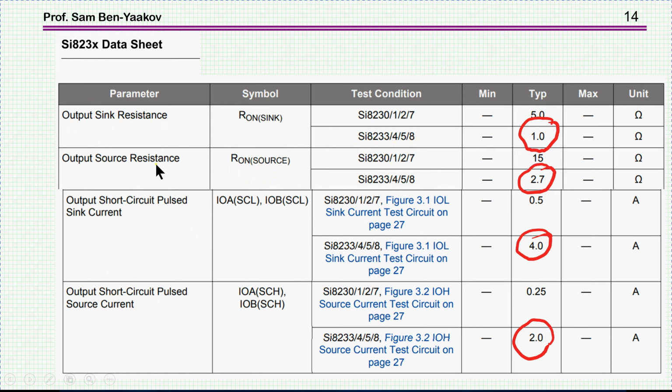The output source resistance is 2.7. Again, taking into account that we need a higher current at turn off and lower current at turn on. And then the specified maximum current or typical current during turn off is 4 amp, and the output current is 2 amp for the turn on.